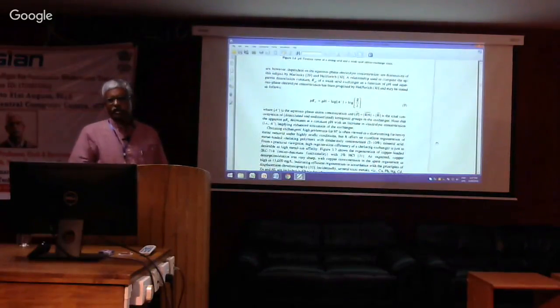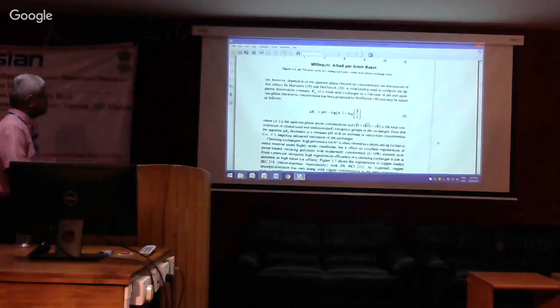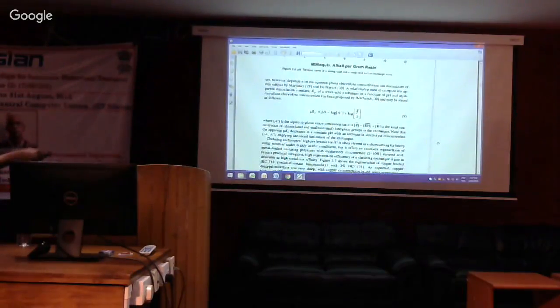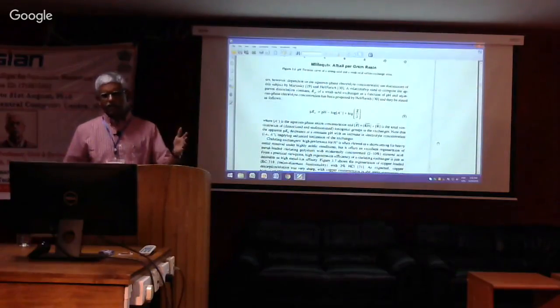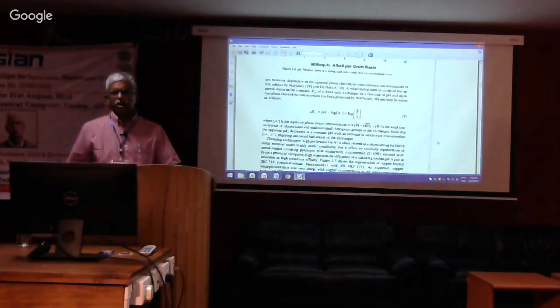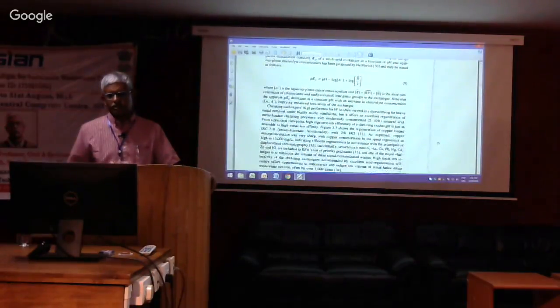And so you know this famous equation that the pKa is nothing but the pH minus the log of the aqueous phase anion concentration plus log of the total concentration of dissociated anion. So this comes straight from aqueous chemistry, when we titrate, especially in this case the titration of a solid phase with an acid or a base.